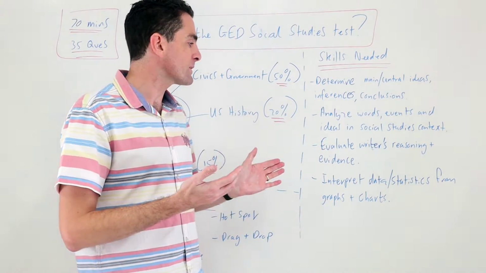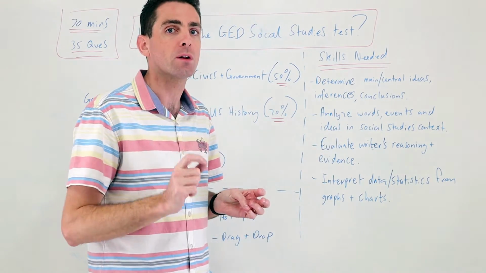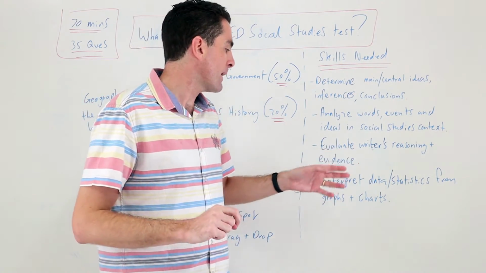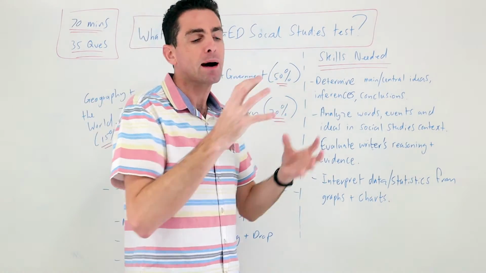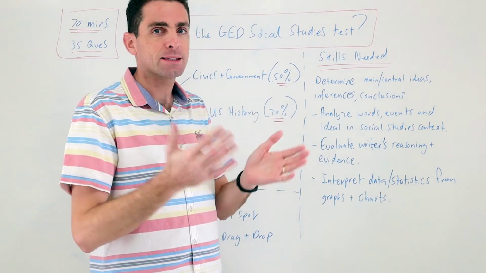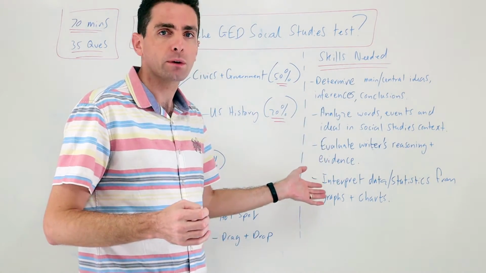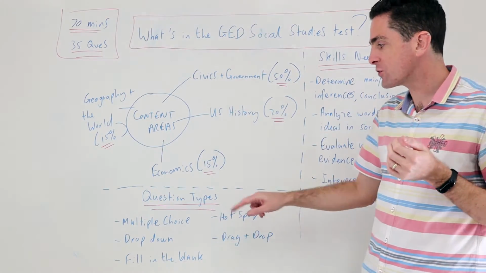You also get them in social studies. You get little elements of math sometimes in the social studies test, so be careful, okay? You might get a graph, you might get a paragraph to go with that graph, and you have to make comparisons between the data on the graph and the paragraph itself. So, tricky enough, okay? Next thing we'll talk about are the question types.